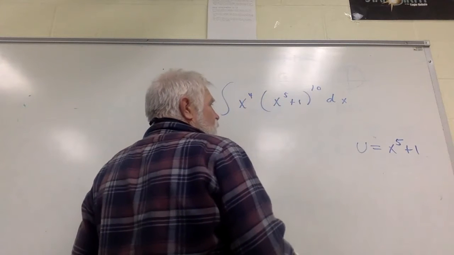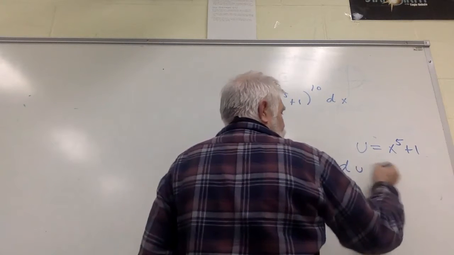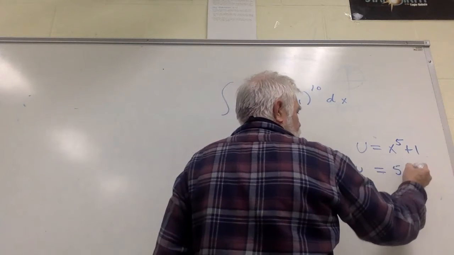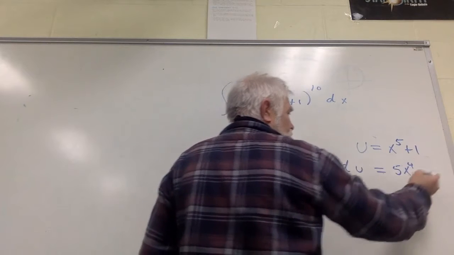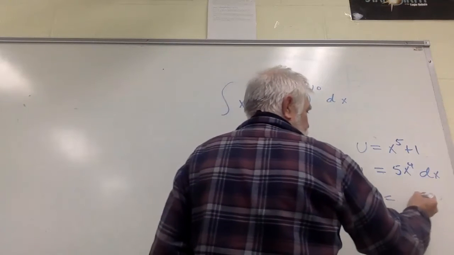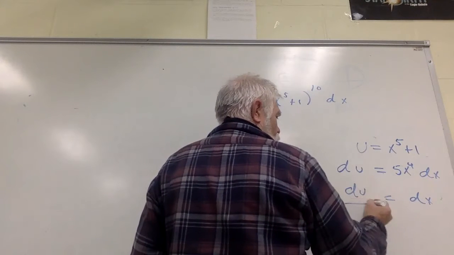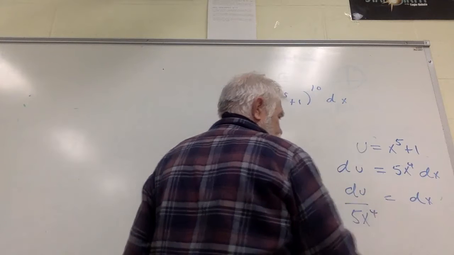Then the intermediate step to get a derivative is differentials. So du changes by a 5x to the 4th process, dx. And therefore, if I isolate dx, I get du over 5x to the 4th.